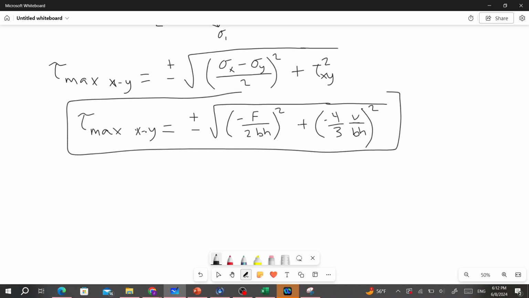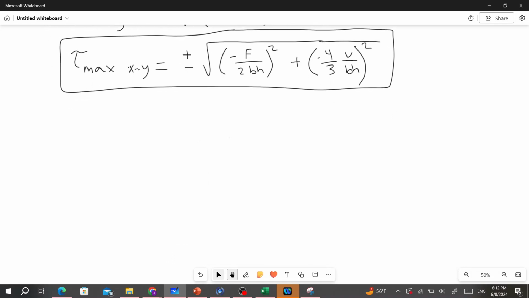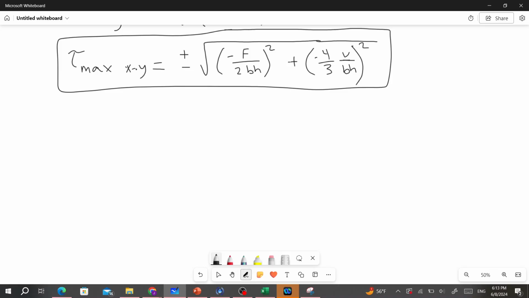Okay, so that would be the equation for the maximum in-plane shear. And notice the plus or minus, you'll get the same magnitude. There'll just be a plus or minus in front of that max shear. We'll illustrate that in a second, just to make clear what that means when you're trying to draw the rotated stress element.